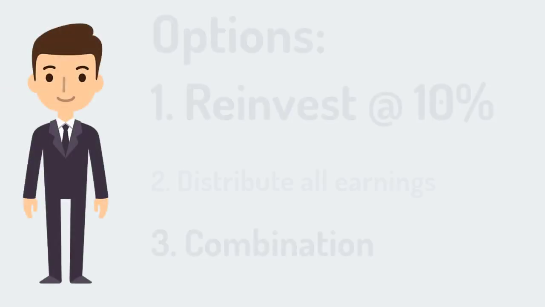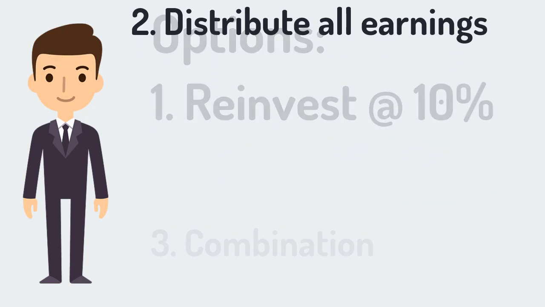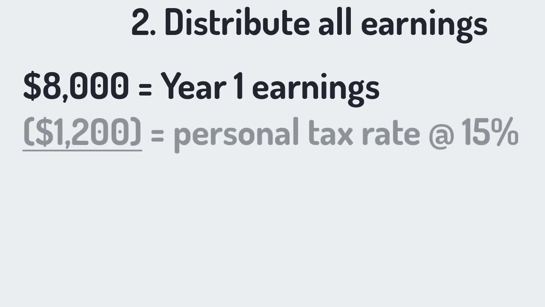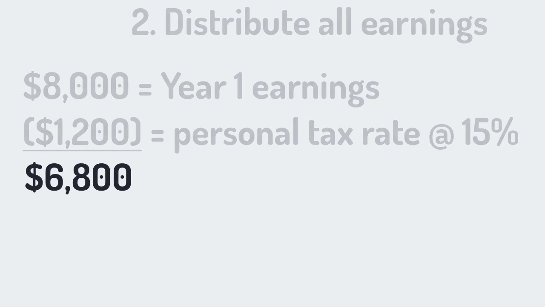Now, of course, we could also distribute all of these earnings. So the $100,000 earns $8,000 just as before, except now when dividends are distributed, we need to pay an additional 15% to get that cash into the hands of owners. That is going to cost $1,200 and result in $6,800 left over.